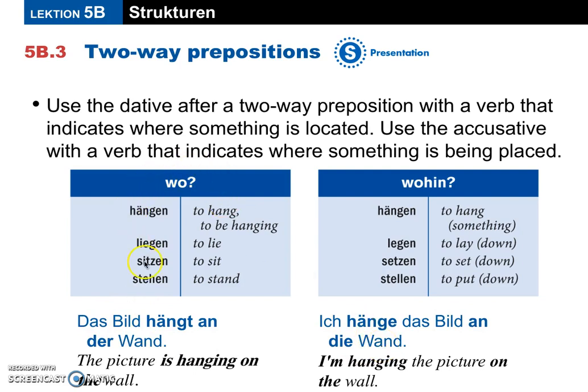The best suggestion would be you memorize wo and these verbs, and you memorize wohin and these verbs. Those are the two-way prepositions that take either dative or accusative, depending on motion or location. Location takes dative, movement takes accusative.